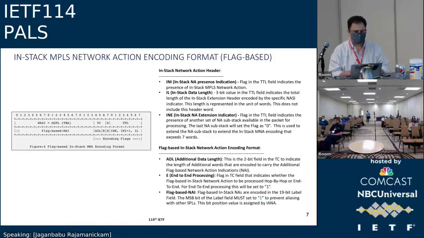Each and every bit field will be assigned by IANA for a specific application. So if application A wants a flag-based indicator, they could request an IANA number and bit position, and then use that. That dictates what network action has to be done.